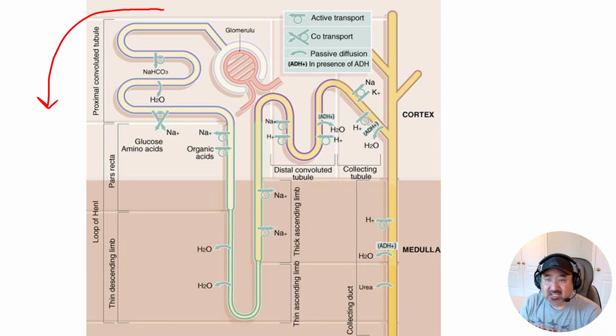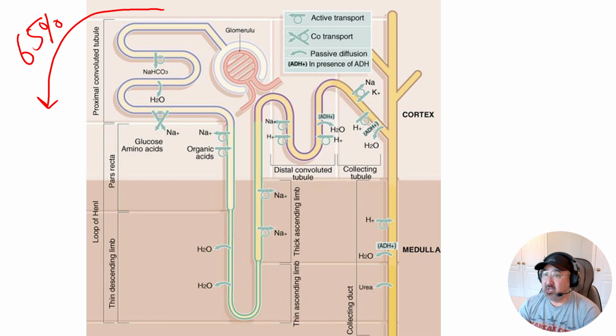This is called the proximal convoluted tubule. This is where 65% of everything is reabsorbed. Keyword reabsorption. The kidney reabsorbs, the bones resorb, and the intestines absorb. But going back to the kidney here, 65% of everything is reabsorbed.